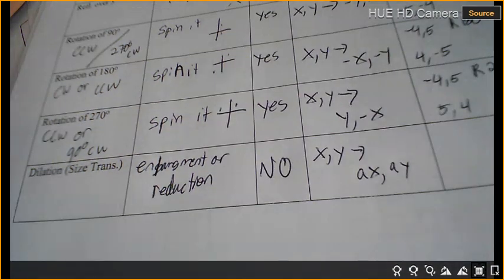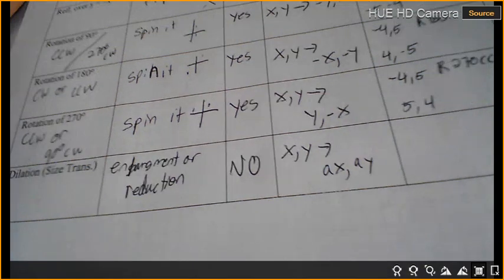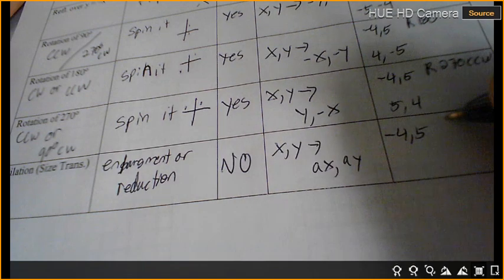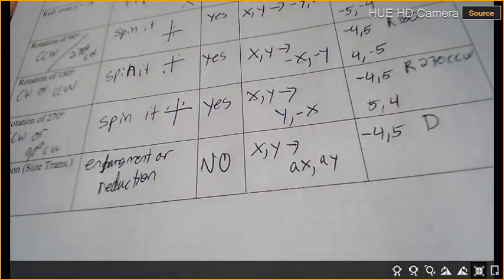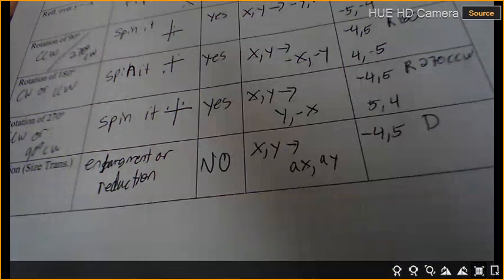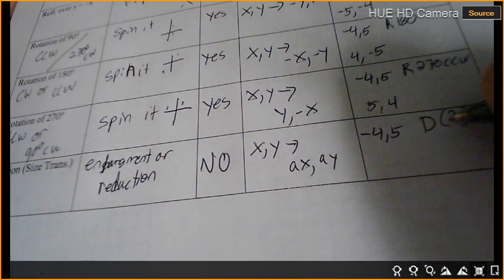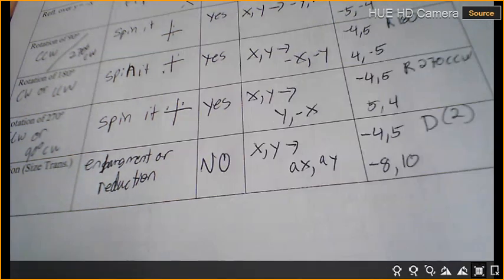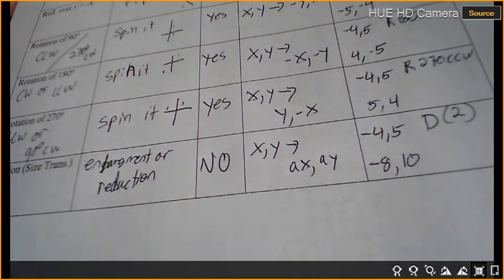Whatever the dilation is, we're timesing it by both of those. Okay? So if we're taking our original -4, 5, and we're dilating it by, what do we want to do? Do we want to make an enlargement or a reduction? Enlargement. So let's say we're multiplying it by 2. We would go -8, 10. It's twice as big. I times both of them by 2.